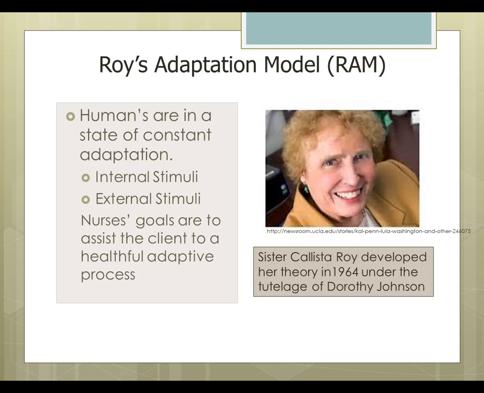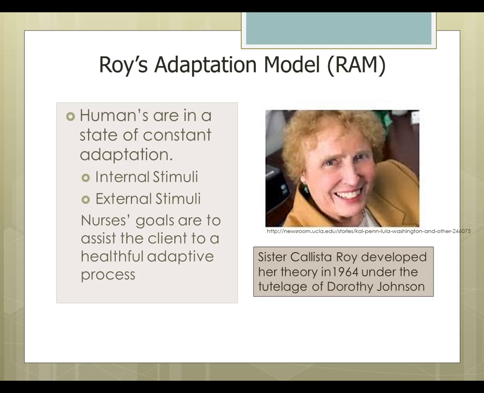We are always seeking to come back to a place of equilibrium, and the ability to come back to that state of equilibrium or adaptation is influenced by both internal stimuli, which is within the person themselves and can be physical, psychological, spiritual, and it's also influenced by external stimuli such as environment, family dynamics, and things like that. So really great model.